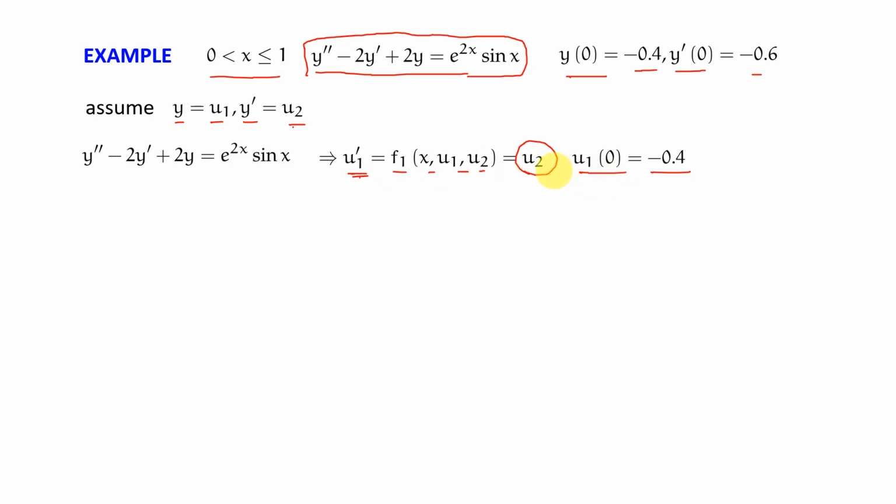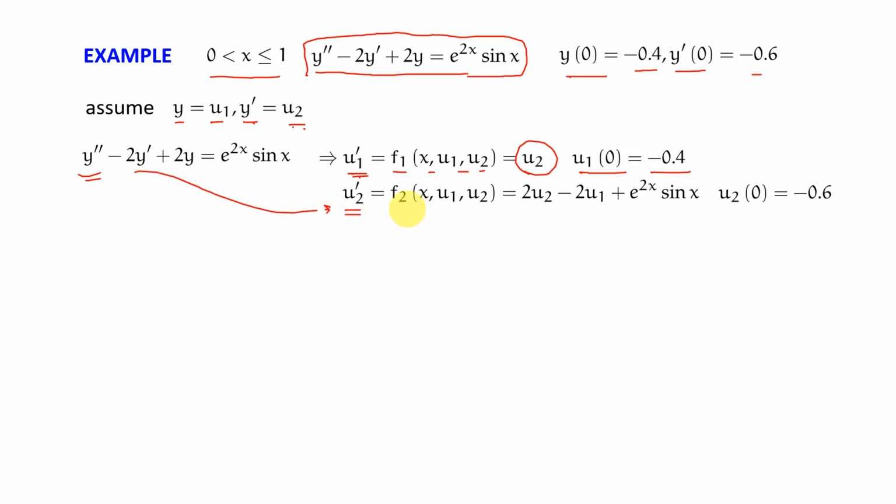I don't know the right hand side u2 here, but u2 does have its own equation. So I come here: y double prime is equal to u2 prime because y prime is u2. So I write this equation as u2 prime equals some function of x, u1 and u2.